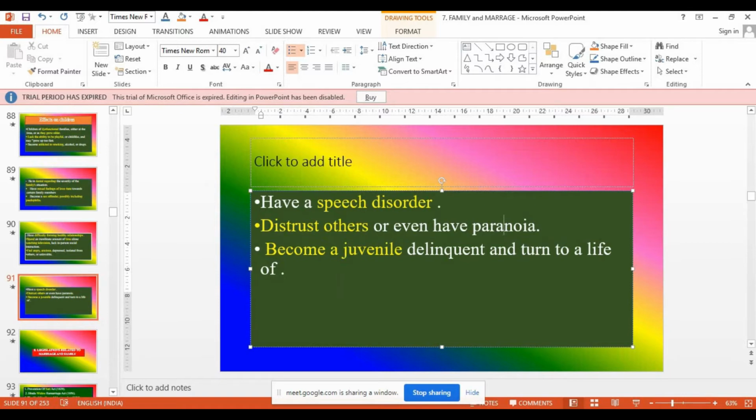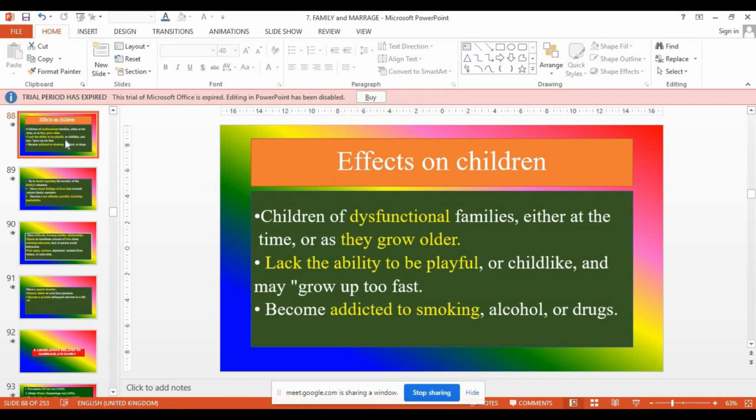Then becoming a juvenile delinquent. They commit crime, child crime, due to family disorganization. Students, various study findings say that it is a reality.